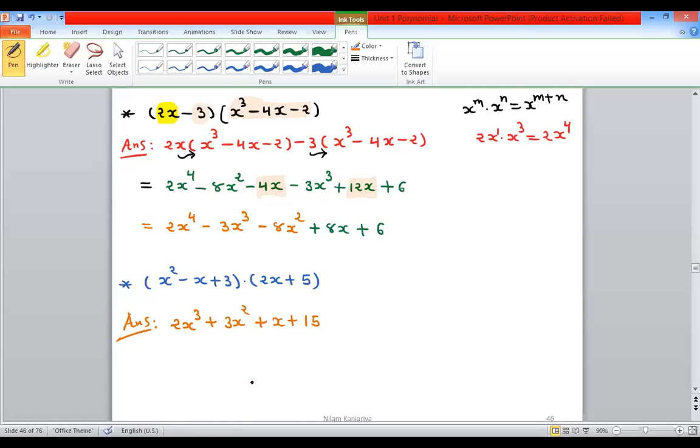Let's take another method. First of all, you tell me addition, subtraction, and multiplication. I give you one beautiful MCQ. Just tell me the answer if you understand addition, multiplication, and subtraction. Okay, just 1 second.